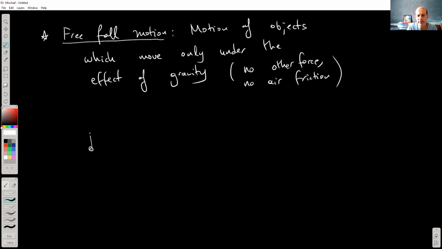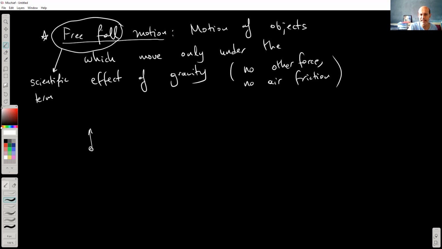So as a result, I'm not actually saying whether the object is going up or going down. So in each case, I'm going to call this a free fall motion, right? That's some kind of a convention with scientific terms. When I think of this as a scientific term, it has a precise definition, all right? It has a precise definition, and as a result, I accept only that definition.